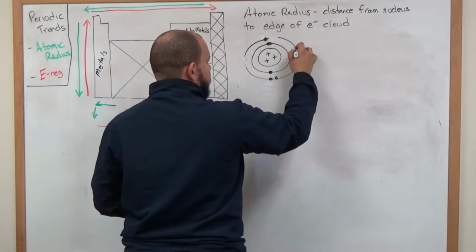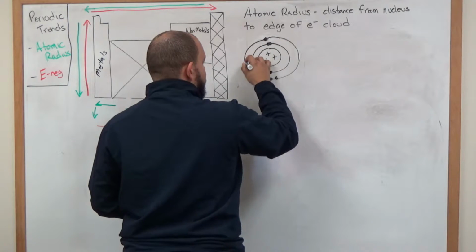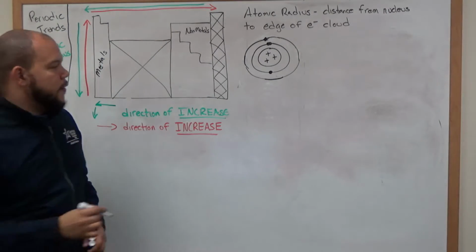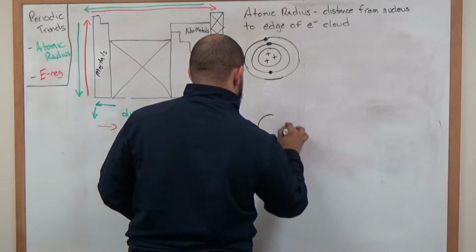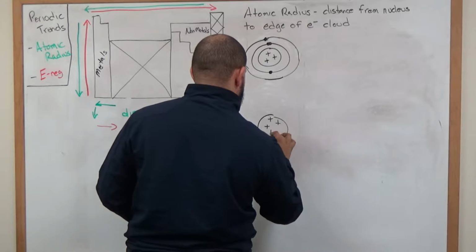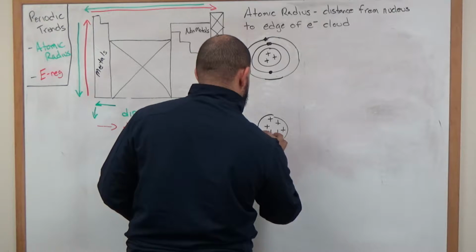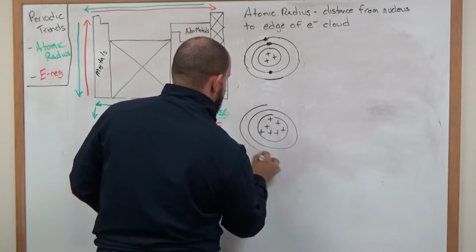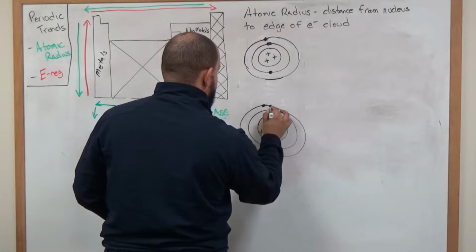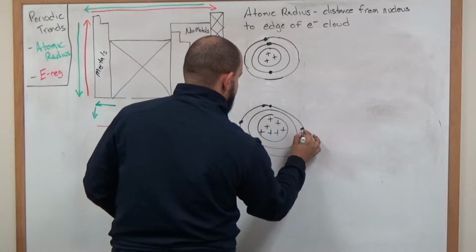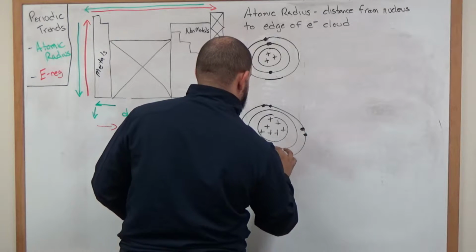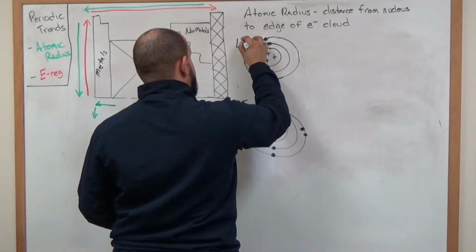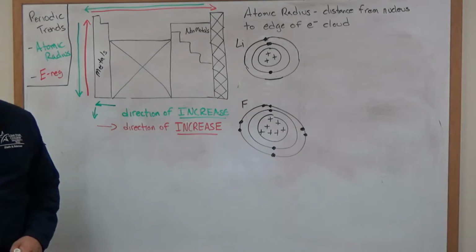I'm drawing fluorine. And fluorine has 9 protons and 9 electrons. Okay, so here is an example of lithium.